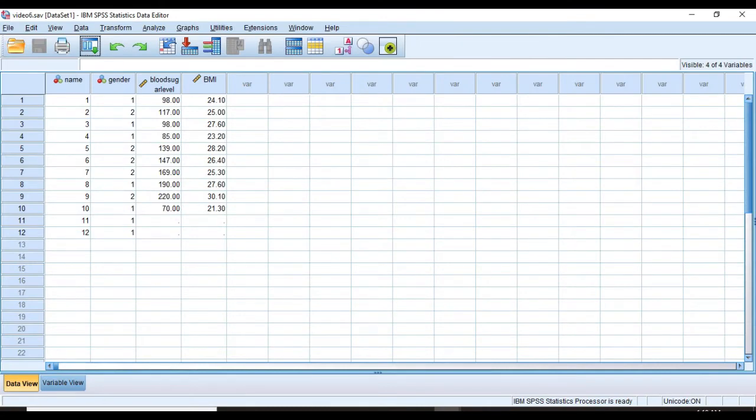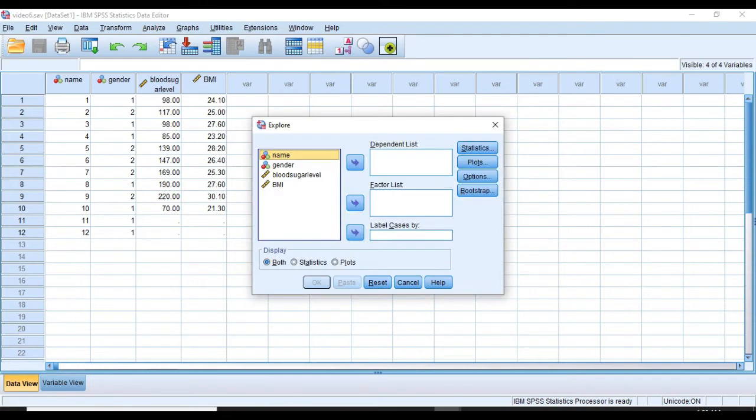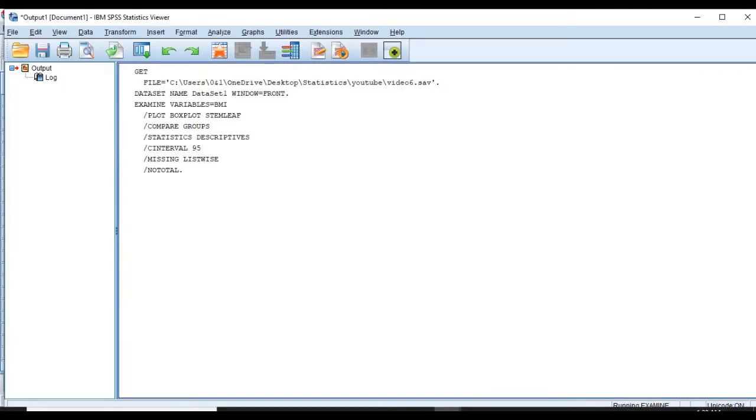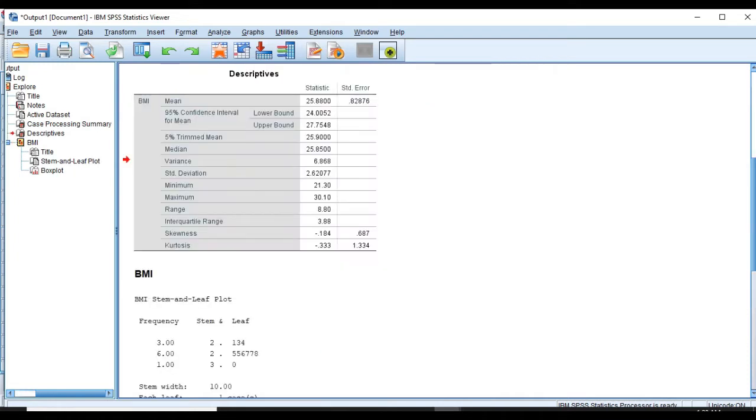So go to Analyze, Descriptive Statistics, Explore, put our variable of interest in the dependent box, and then click OK. And as you can see in the result, within the descriptives table, the interquartile range is listed here, which is 3.88.